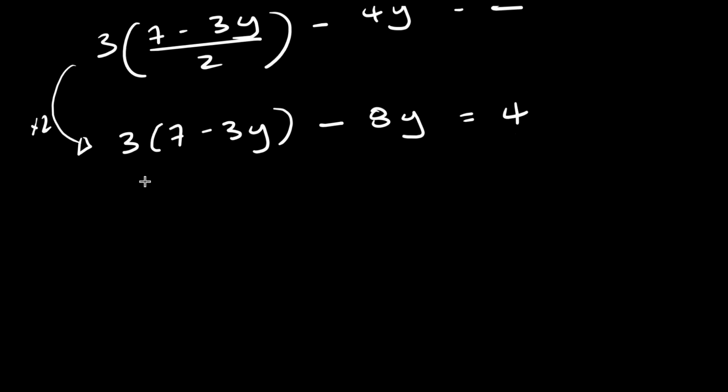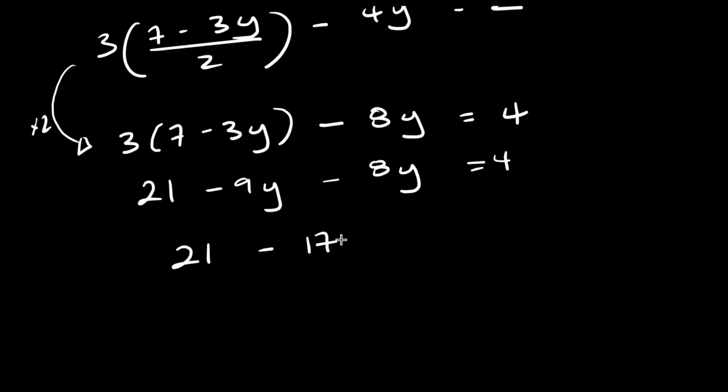We'll get 3 times 7 here, 21, 3 times negative 3, negative 9y, minus the 8y is equal to 4. And we're good at addition, right? We can add negatives here. So we end up with 21 minus 17y is equal to 4. And I can get rid of this 21 by subtracting 21 on both sides.